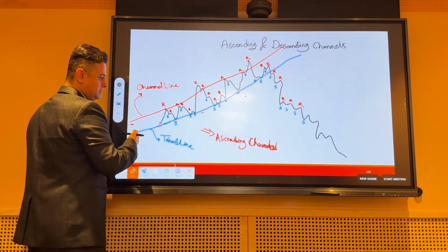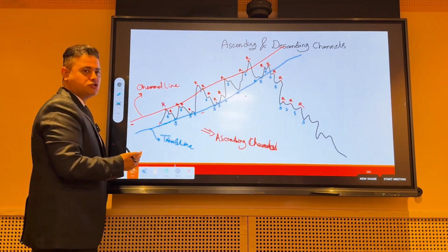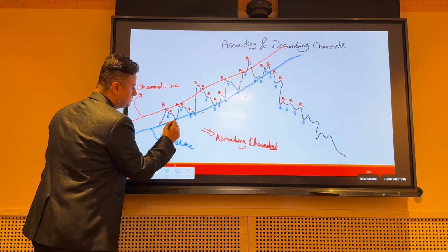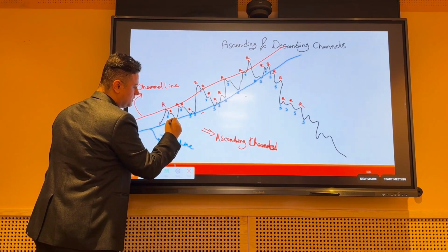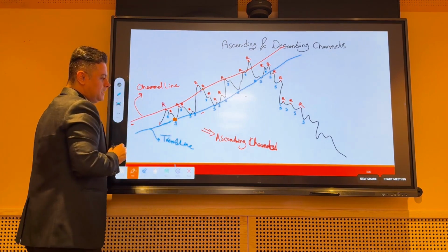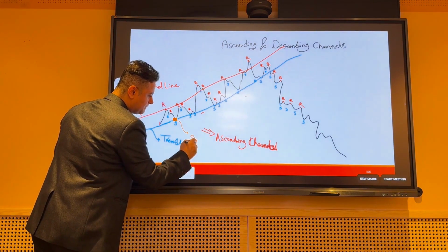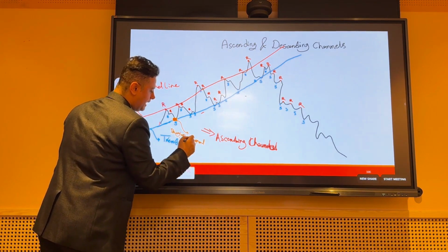Where the price chart of the stock touches the lower line of your channel, which is the trend line, see where the first spot is? The first one is this support. I will make it square shaped so you can fully understand. Here, guys, is a powerful buy signal for you.